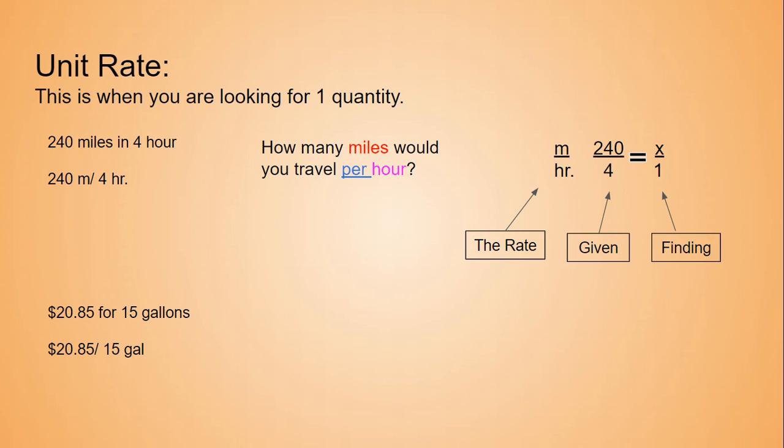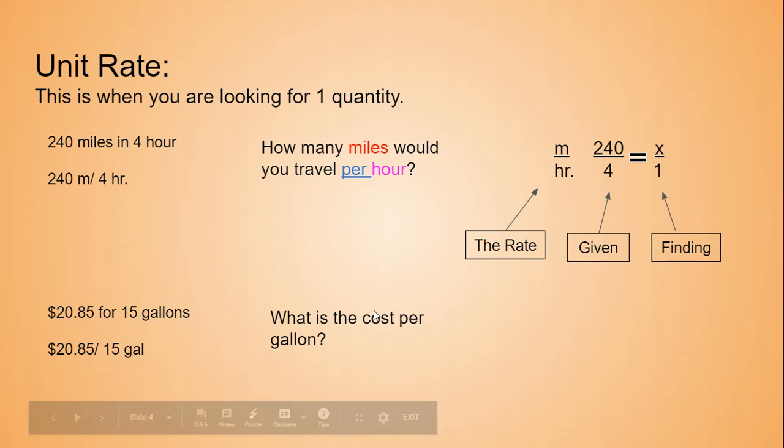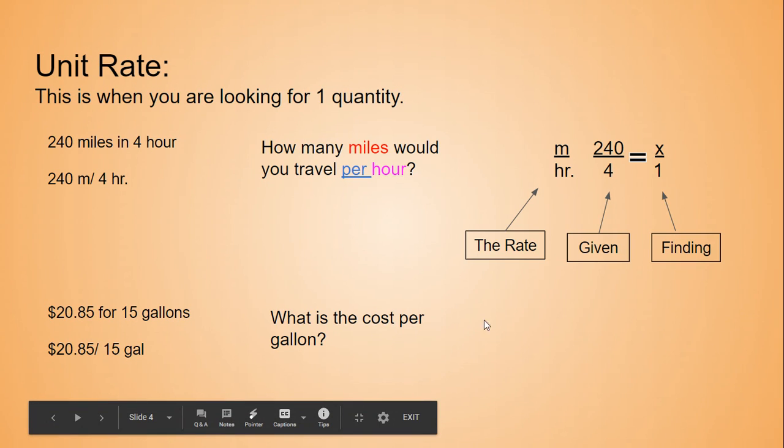Let's look at a different problem. We have $20.85 for 15 gallons of gas, and we want to figure out the cost of gas, or the cost per gallon. This per, again, tells us for one. So we're looking at cost over gallons, and that is going to be our rate.